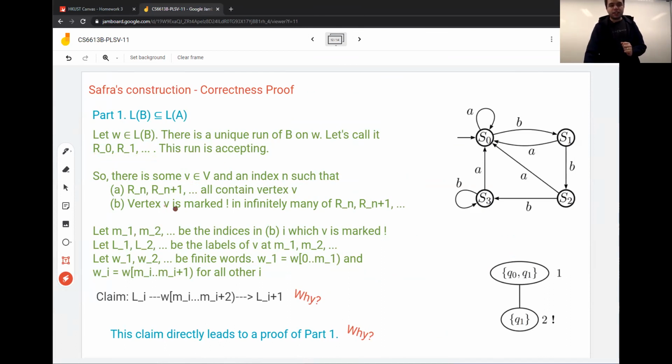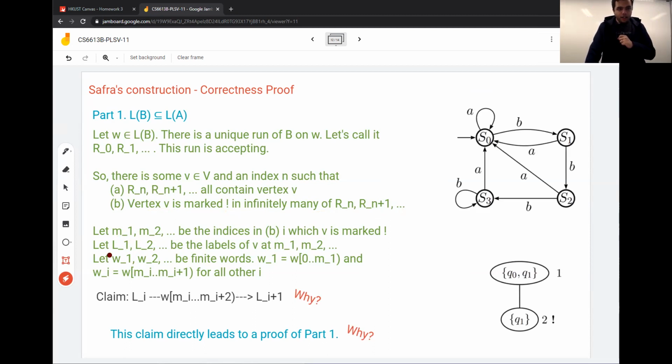And also this vertex V is marked with an exclamation mark in infinitely many of these Safra trees that you see from index N onwards. This is just the definition. Okay. So because I have infinitely many of these indices where V appears, let's just give them a name. Let's say that these indices are M1, M2, and so on. So M1, M2, etc. are the indices where this vertex V appears, right?